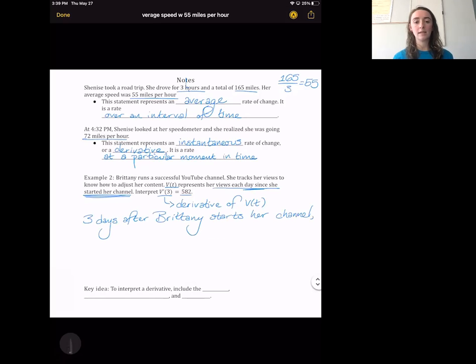So the next thing that we need to figure out is what v prime represents. Well, we know that v of t represents the number of views every day. And we know that v prime, the derivative, the instantaneous rate of change, tells us how that number of views is changing at that moment. So in this context, it would mean that the number of views is increasing, right?